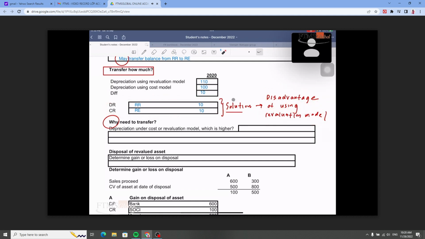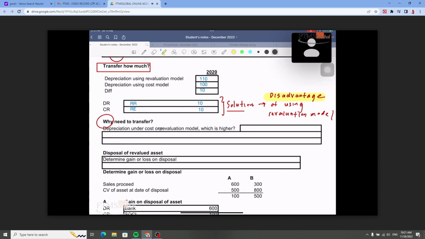So obviously you need to know what is the disadvantage of using revaluation model. Actually you already know. Depreciation under cost model or revaluation model, which one is higher? This one you already know. Cost must be lower than revaluation model.